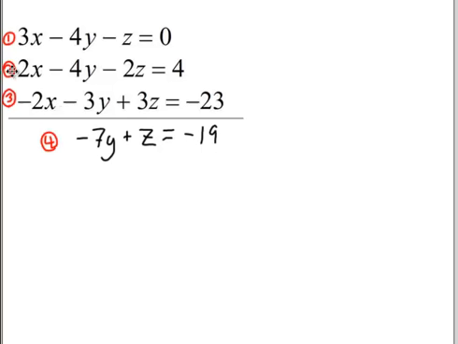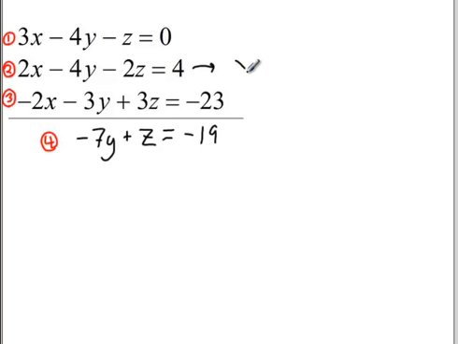So I can't combine 2 and 3 again because I already have that equation. But I want to eliminate x by doing a different combination. So I can combine 1 and 3, or I can combine 2 and 1, but I've already combined 2 and 3. So let's see. Well, the first thing that I can see is if I take equation 2, I can make it a little bit simpler by saying, let's divide everything here by 2.